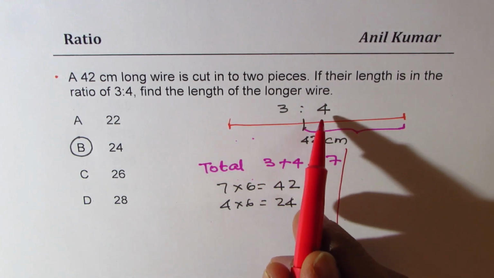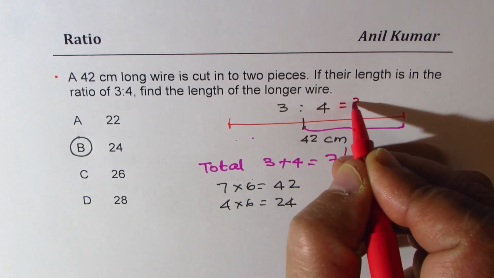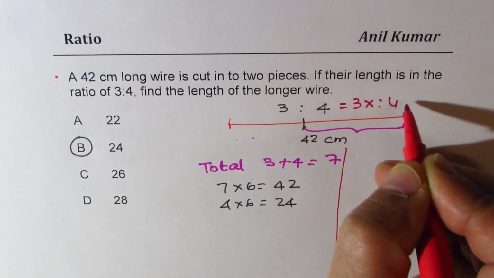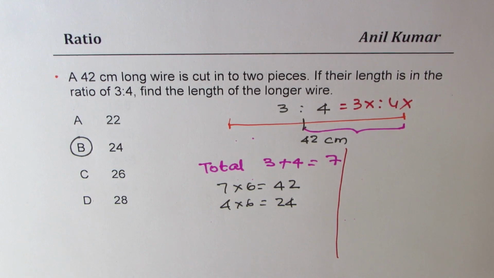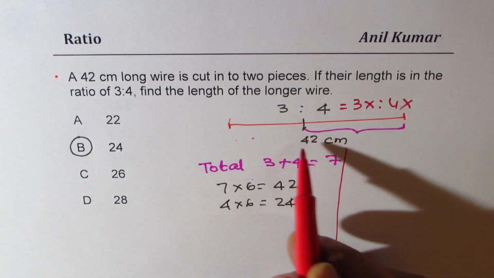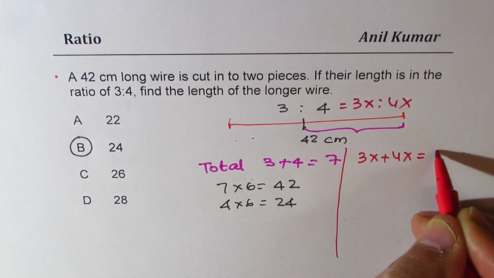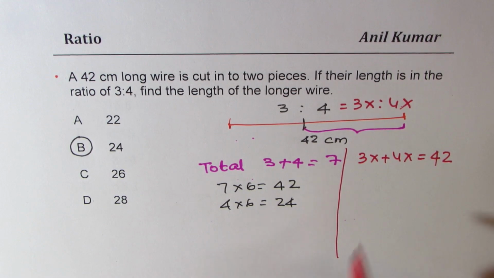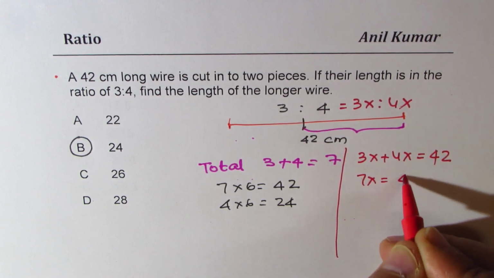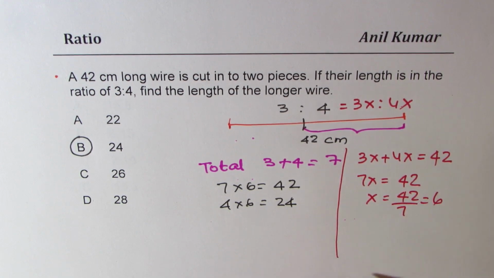Now, let me go through it once again. If 3:4 is our ratio, we could write this as 3x is to 4x, right? Any multiple of 3 and 4. And we know that the total length is 42. So we'll do 3x plus 4x is equal to 42. Perfect. So we know 7x is equal to 42. x is equal to 42 over 7, which is 6.